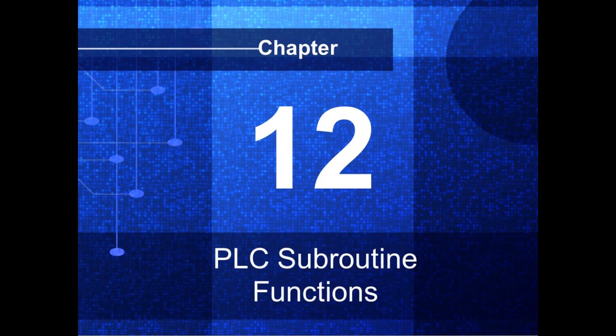Does that make sense? That means I might have 5 different stations and all of them have the same e-stop circuit. Instead of me having to reprogram all those permissive circuits, on a big line you've got a lot of buttons.